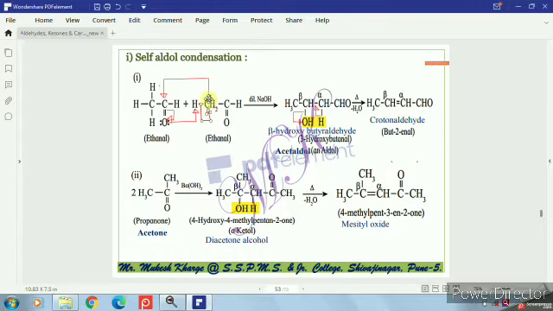Carbon becomes negatively charged, it acts as a carbanion, and it will attack the second molecule, which contains a double bond. Your carbanion acts as a nucleophile and will attack the carbonyl carbon of the second molecule.